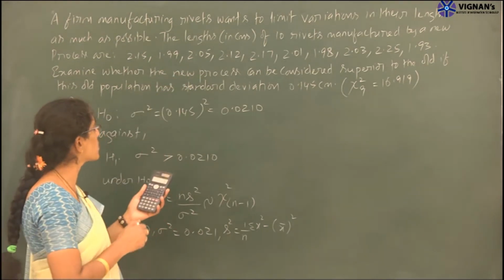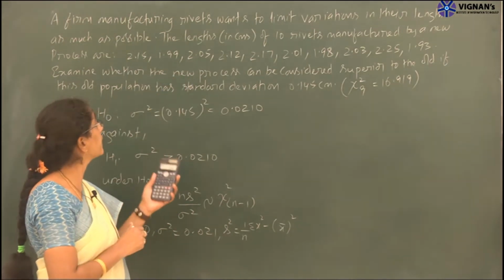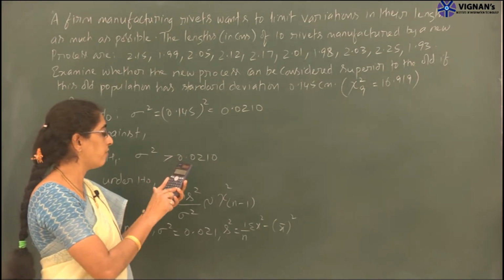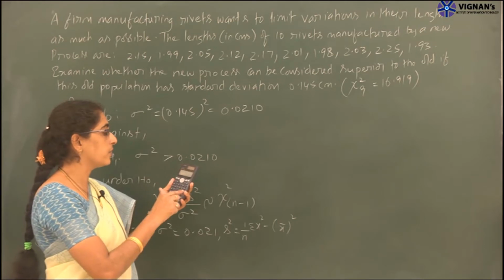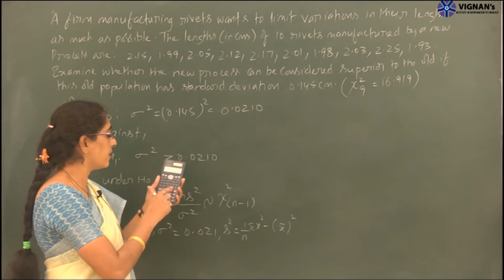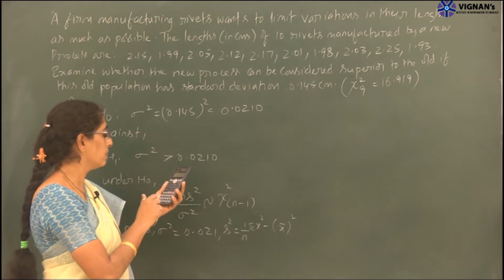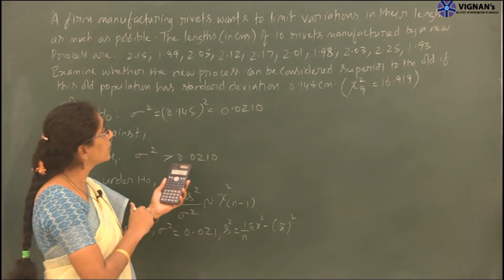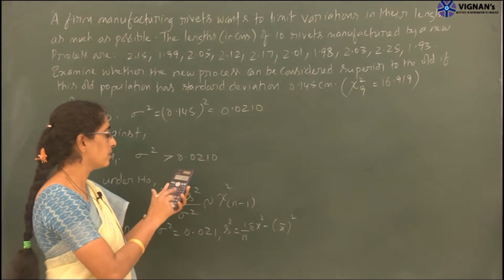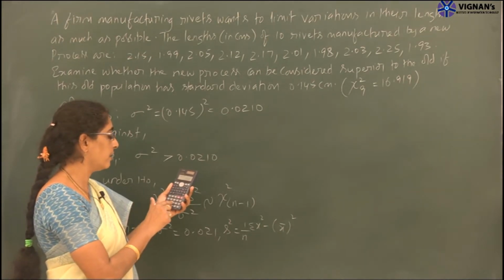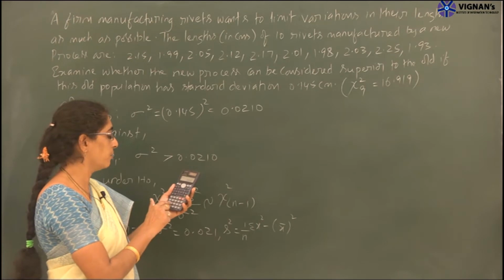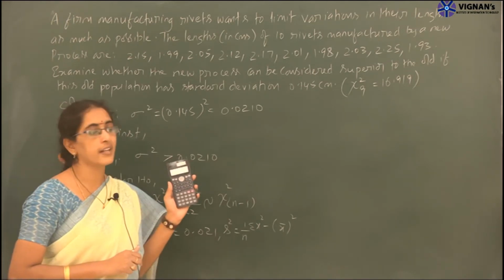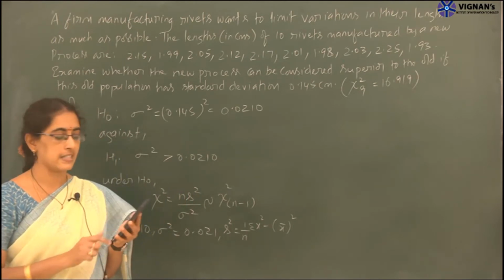The first observation is 2.15, then 1.99, then 2.05, then 2.12, then 2.17, then 2.01, then 1.98, 2.03, 2.25, 1.93. So all the 10 observations are stored in the calculator.